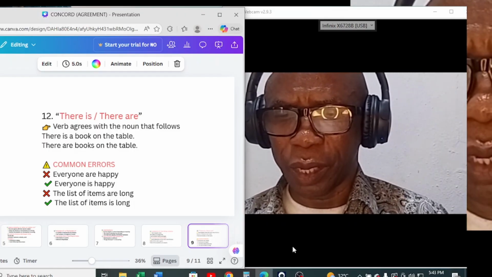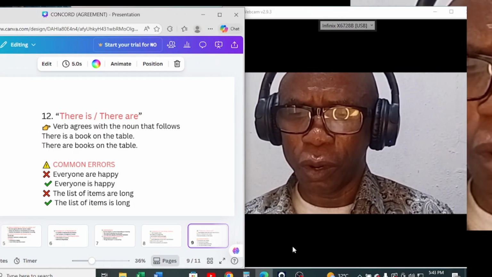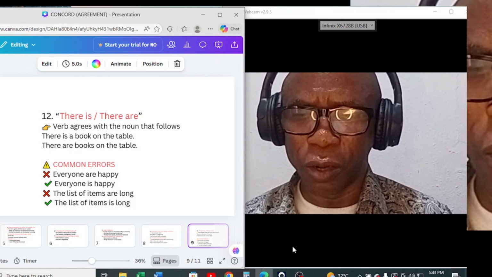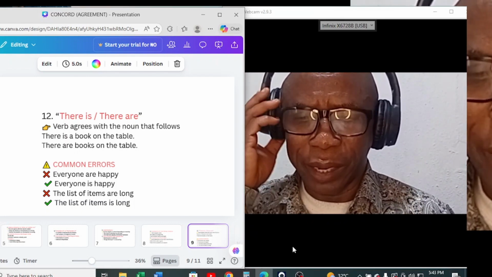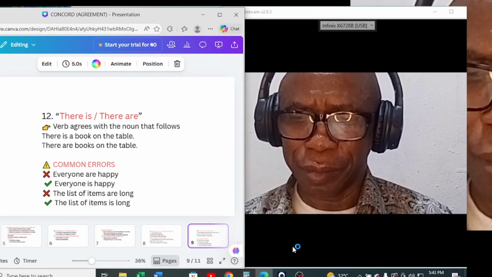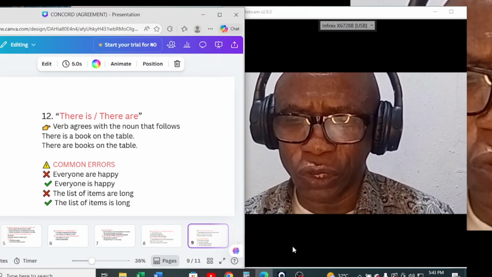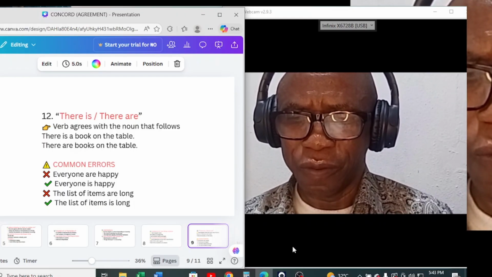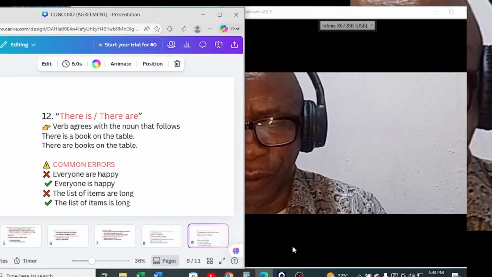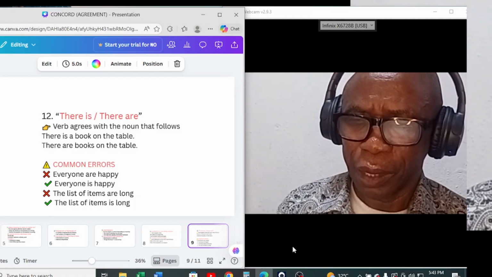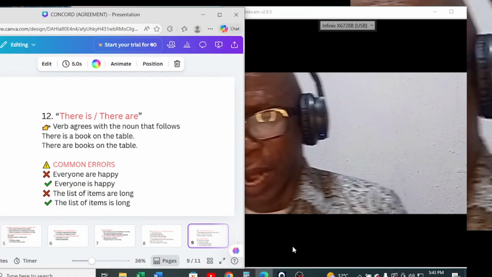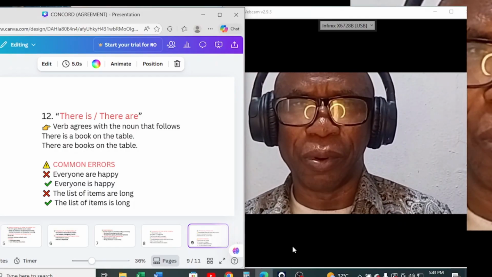The last one is the rule of there is or there are. Verb agrees with the noun that follows the verb. Look at this example. There is a book on the table.